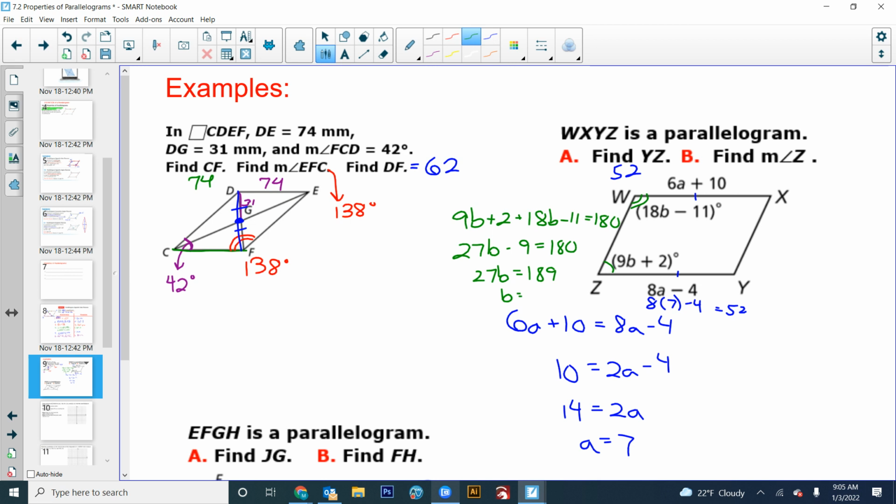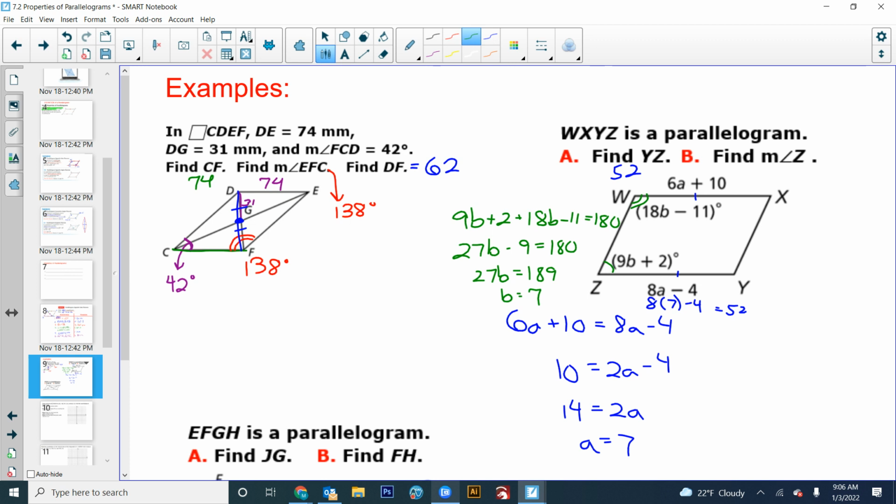What do you get? 7? 189, yes. I was looking at 180. I'm like, no, 7 times 27 is 189. Yeah, 189. 7.